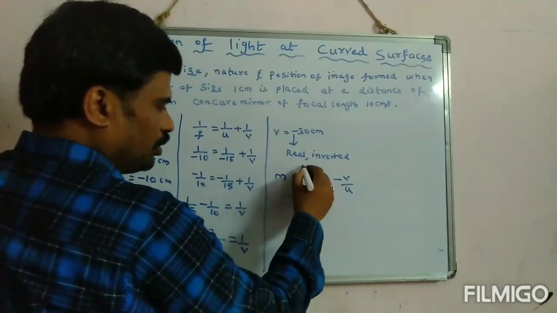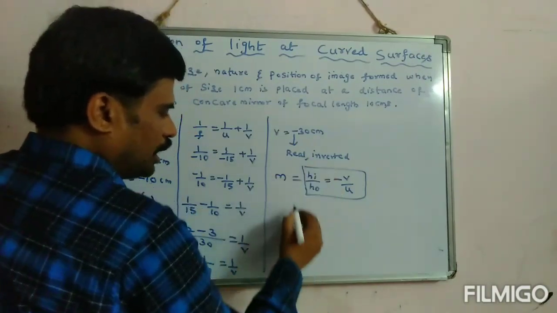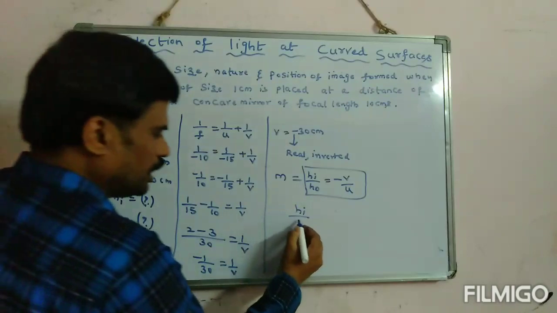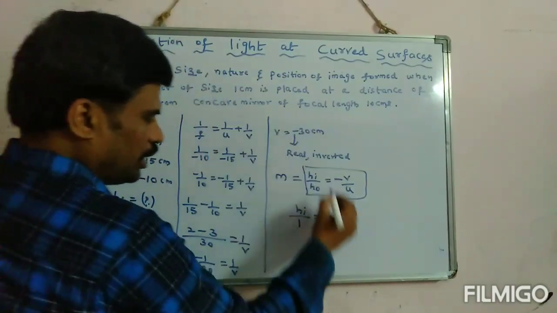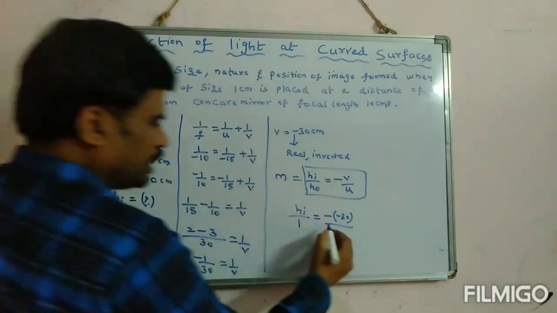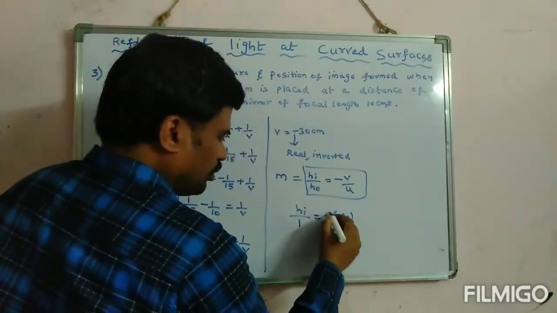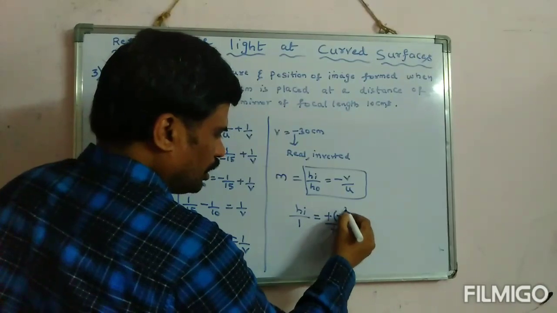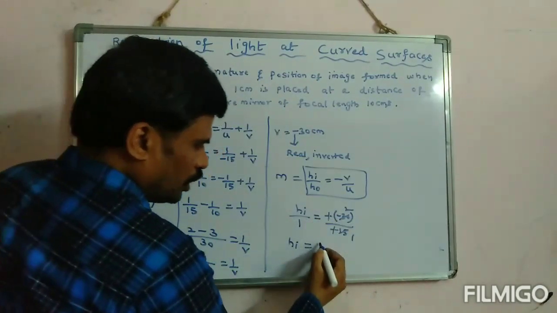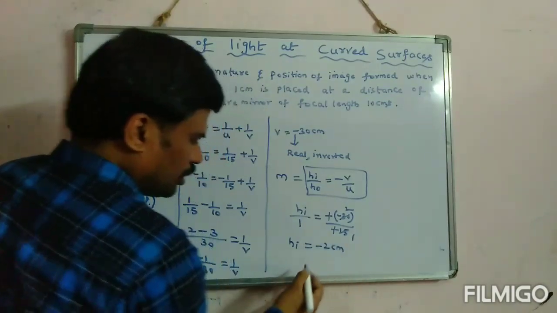Now I will use this formula. hi/ho, the height of the object is given as 1 centimeter. The v value I got is -30 and the u value is -15. Minus minus cancels. 15 ones are 15, 15 twos are 30. hi/1, nothing but hi, you are getting -2 centimeters.